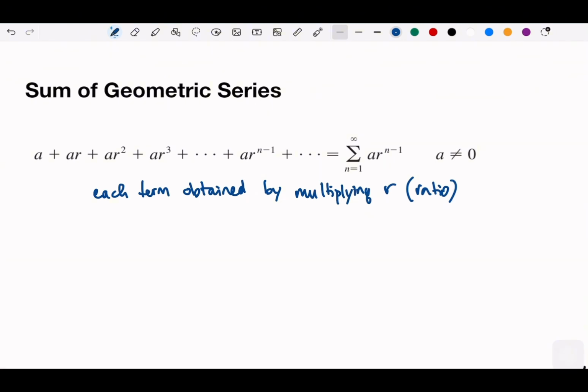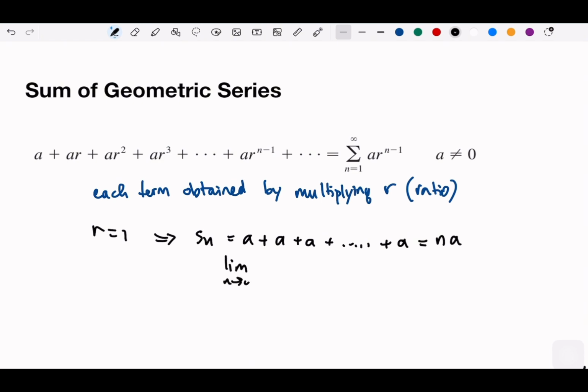And if you see, if we take r equal to 1 for all the list of numbers, then we are going to have the Sn becomes a plus a plus a until some number a at the end, and we could just write down na. And if we have n larger, then the limit will not exist, right? It doesn't exist.